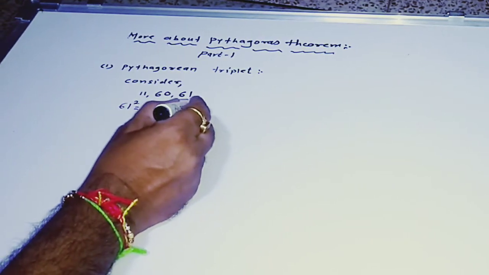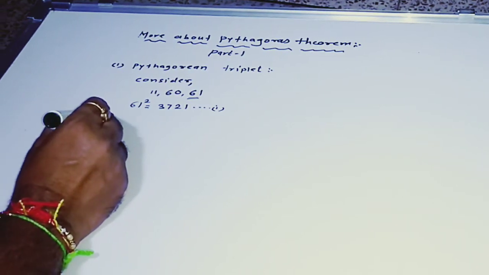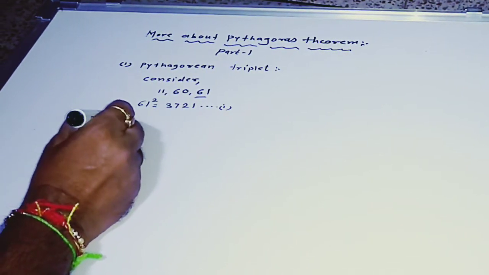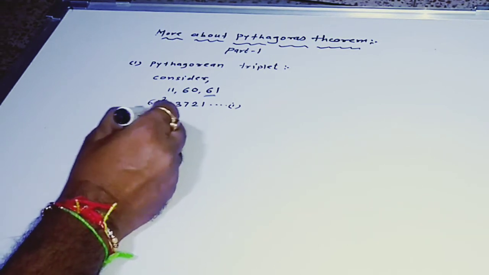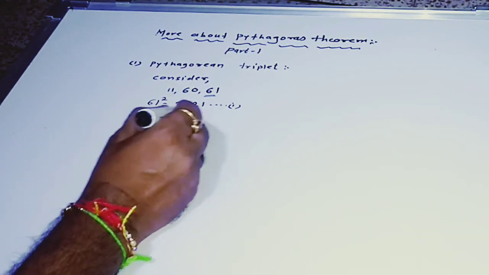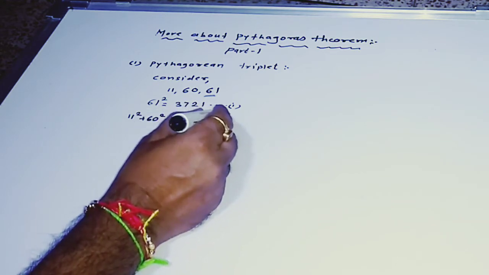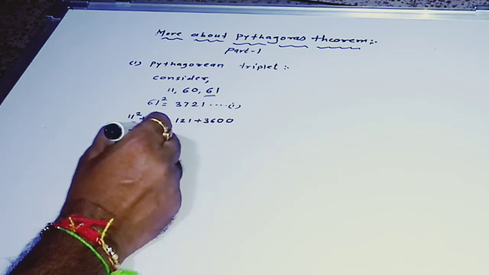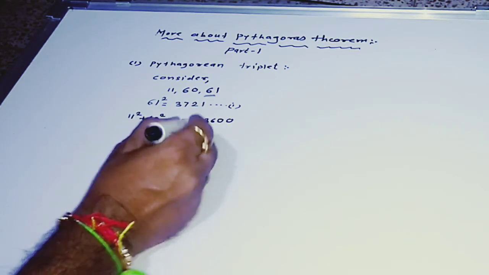This is first. Second is 11 square plus 60 square. So what is 11 square? That is 121 plus 3600, which is 3721.